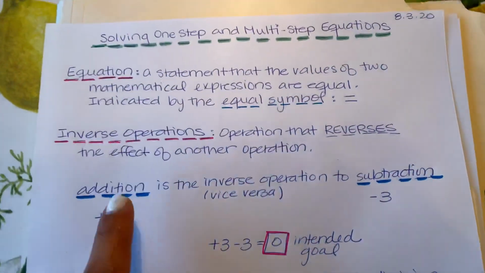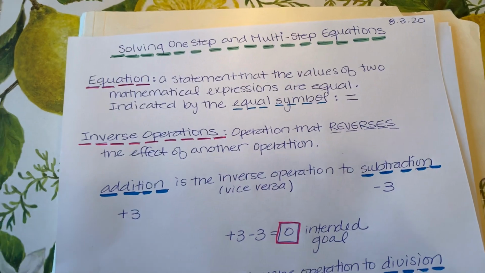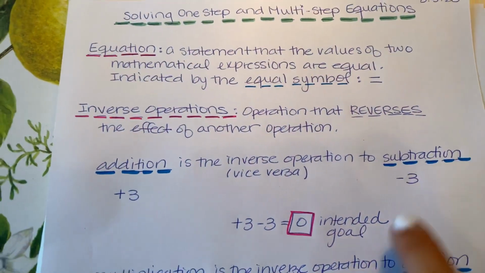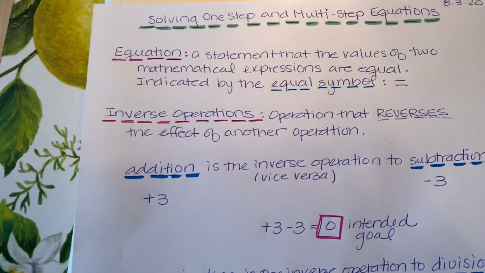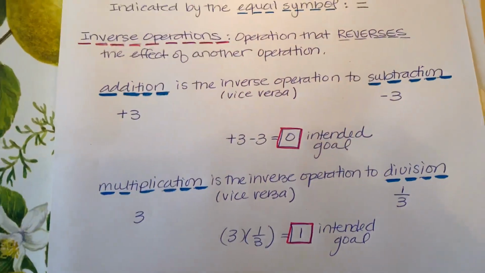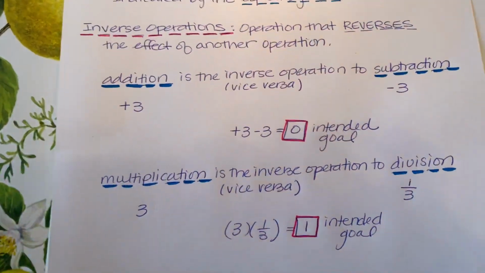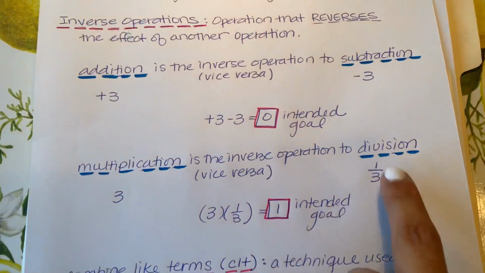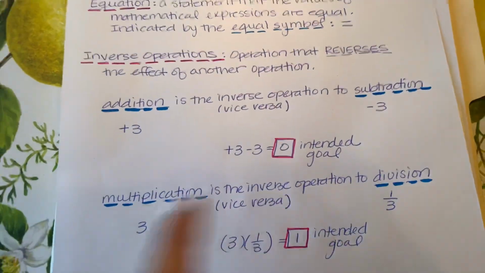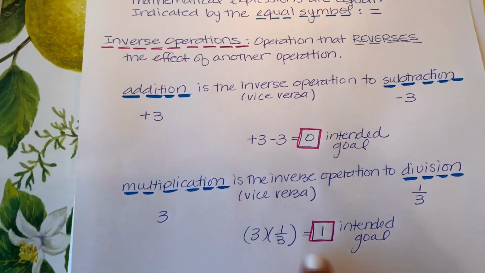For example, addition and subtraction reverse each other because they're opposites, right? So positive 3 versus negative 3, you get 0. That's the intended goal. Multiplication and division are vice versa, are inverse operations. 3 times 1/3, right, gives me 1.